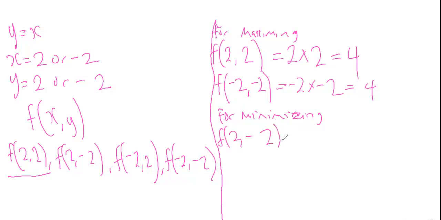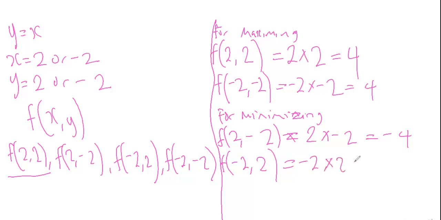That is 2 times minus 2, which will give us minus 4. That's the minimum value. Or we have f of minus 2 and 2. That is, minus 2 times 2 will give us minus 4.